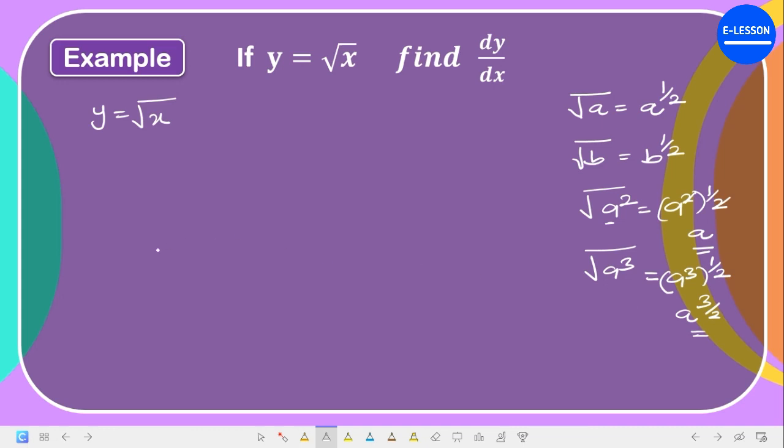Now, coming back to our question, you have y is equal to root of x. The root of x can be written as x raised to the power of half. Of course, we know this can be written as y is equal to, there is an imaginary 1 here, x raised to the power of half. So how do we differentiate this?